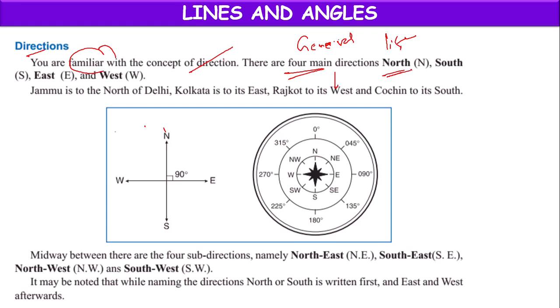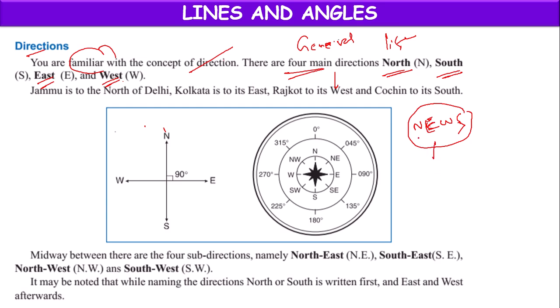They are north, south, east, west. Based on these directions only, we have a new word. We have one word called news, which we go through in the newspapers and TV channels.